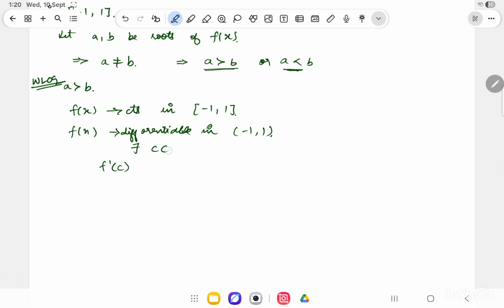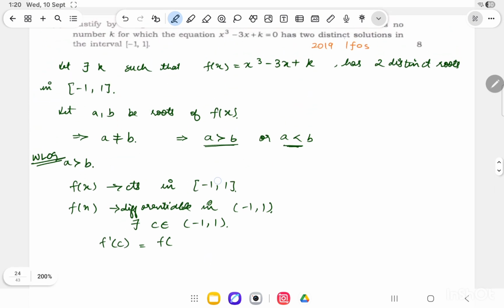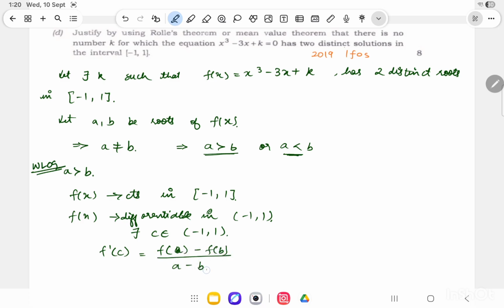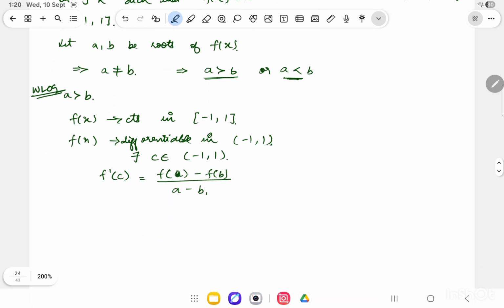there must exist c in the open interval (-1, 1) such that f'(c) = (f(a) - f(b))/(a - b). We are using Lagrange's theorem on the interval (a, b).